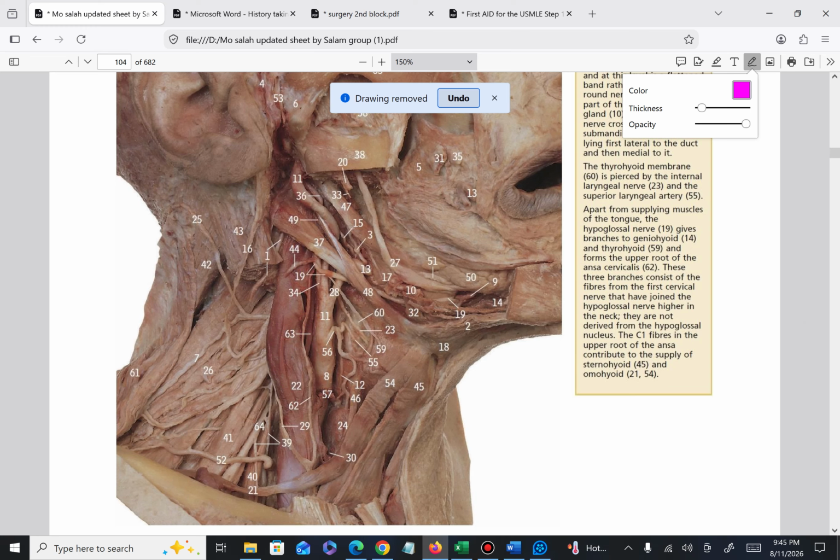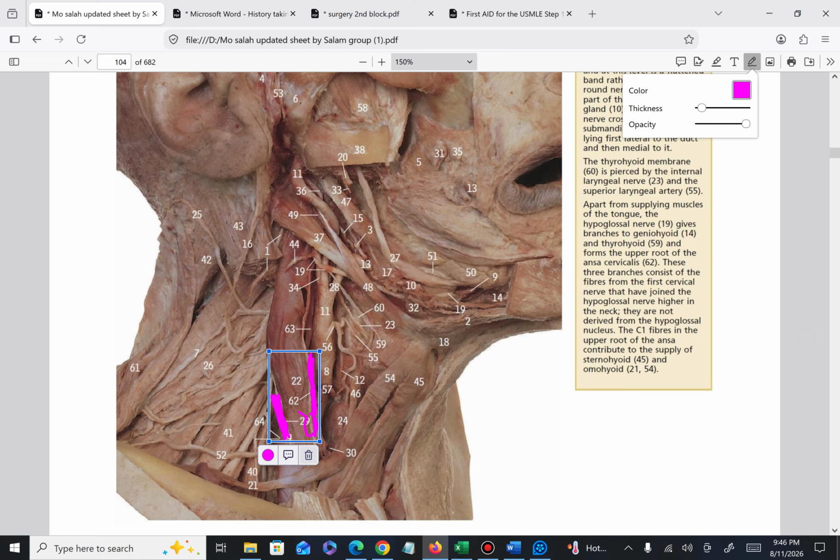Then anterior to the carotid sheath is the ansa cervicalis. This is the upper root of the ansa cervicalis, and on the 29 this is the lower root of the ansa cervicalis.